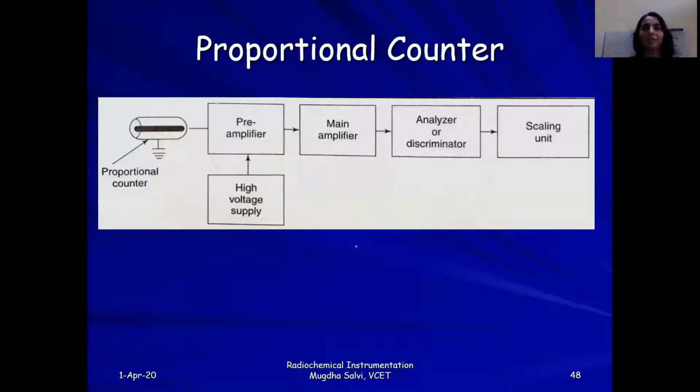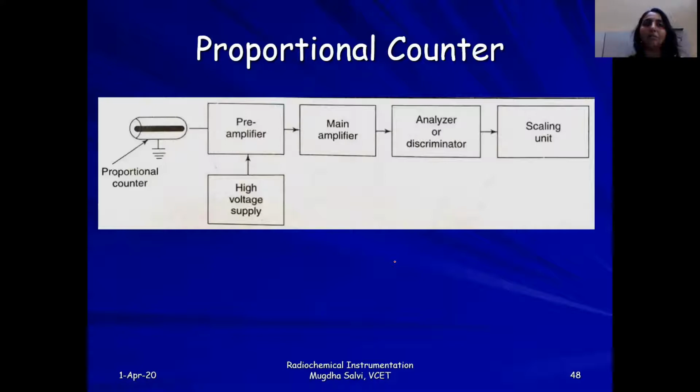Welcome back. So we were starting with proportional counter. I explained what is the basic difference between a proportional counter and an ionization chamber. Both basically will be ionizing, but in a proportional counter, as we go on increasing the supply voltage, your pulses will also be amplified proportionally.